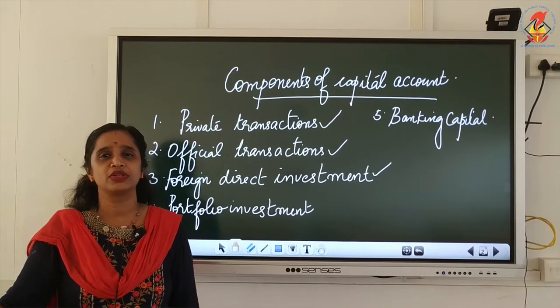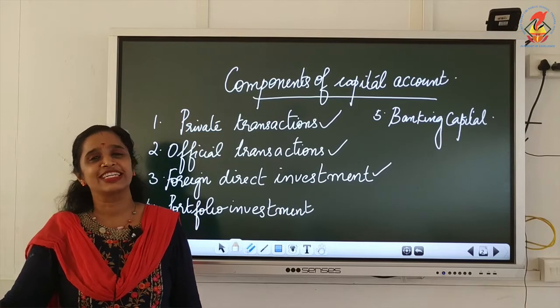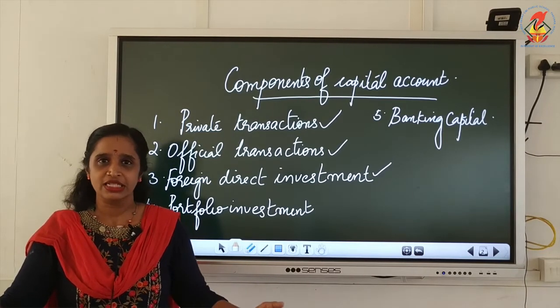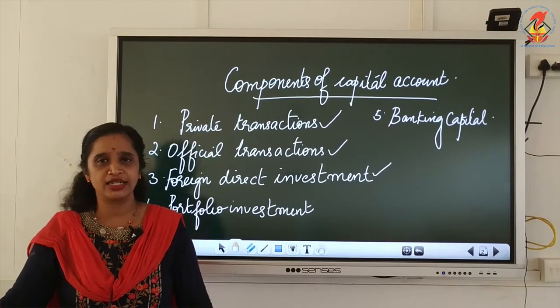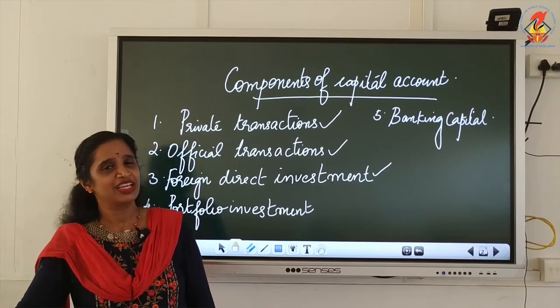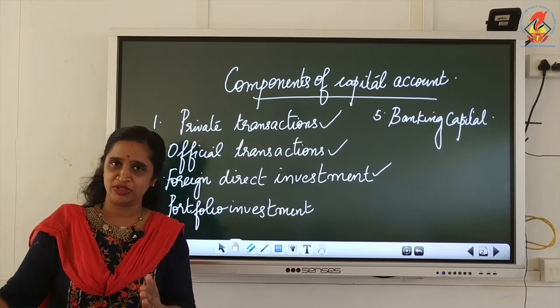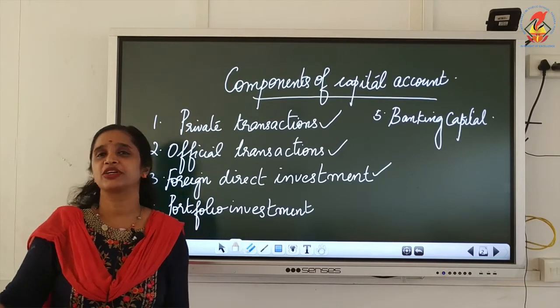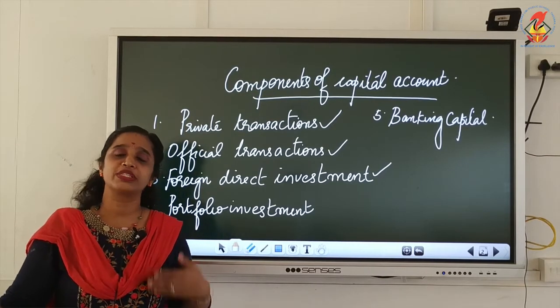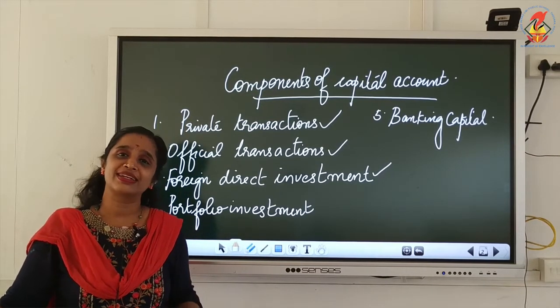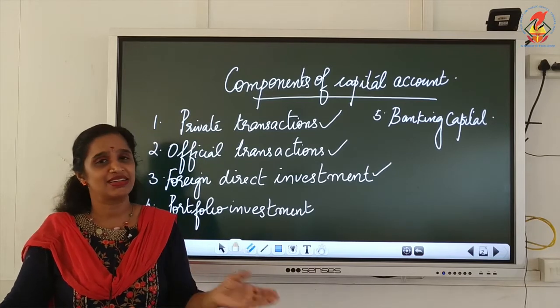Then we learned about balancing of the current account. Till there we learned, and then we started with the components of capital account. We fully learned about the components of current account, namely visible items, invisible items, then unilateral transfers, how we balance these theoretically.